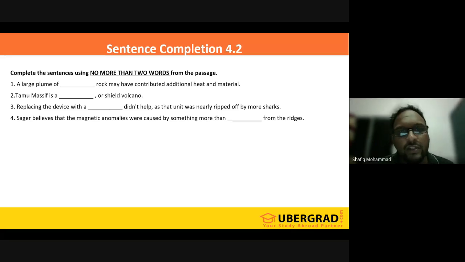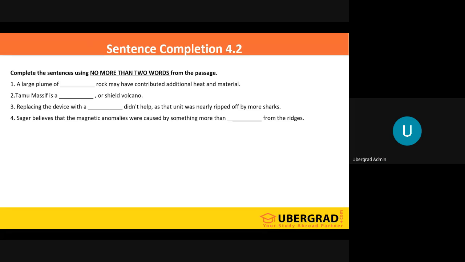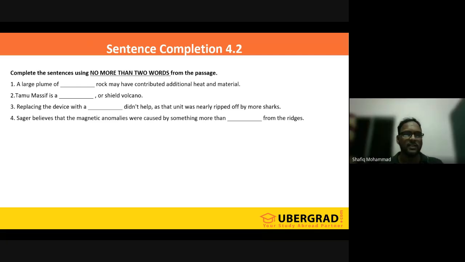Ma'am, are we going to send any poll to them, or they just need to type the answers in the chat box itself? They will just type the answers in the chat box for this question. Guys, please type the answer in the chat box and carefully read.